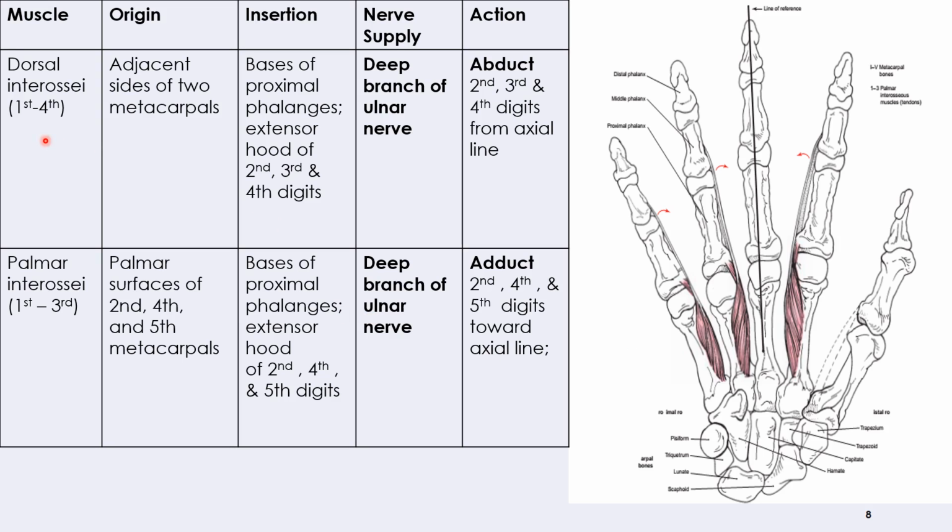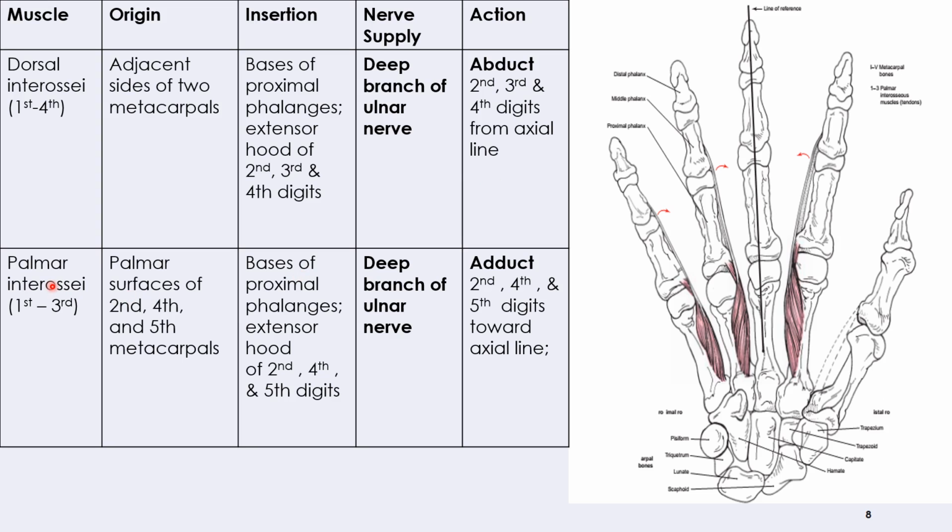So we have dorsal interossae originating from the adjacent sides of 2 metacarpals. They insert at the bases of the proximal phalanx at the extensor hood of the second, third, and fourth digits. Nerve supply, the deep branch of the ulnar nerve, like we said. Action, abduction at the second, third, and fourth digits.